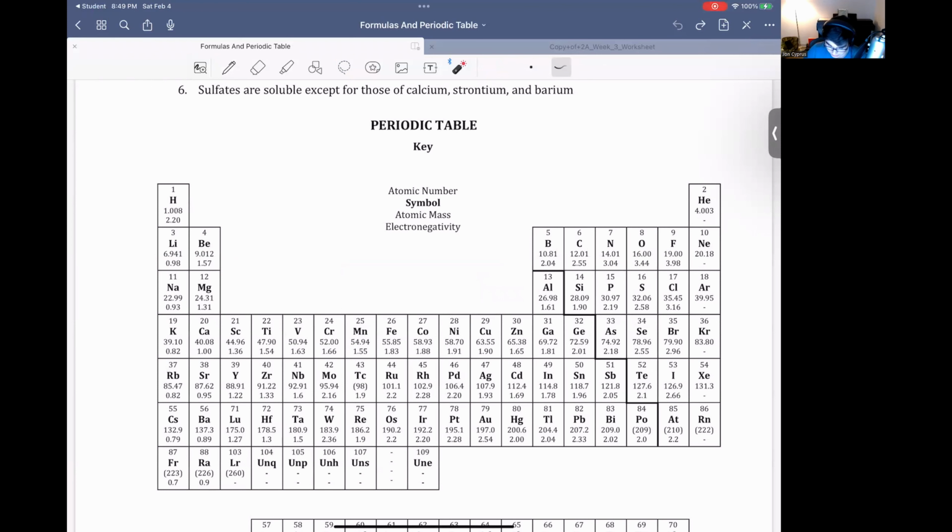So what is closest? Let's see. This is 44, this is 50, this is 47.9. I know it's quite a bit off, but it is the closest one here. So our mystery element is closest to the weight of titanium.